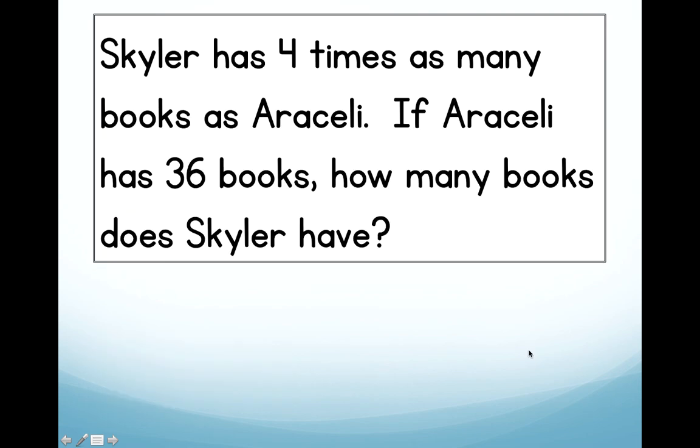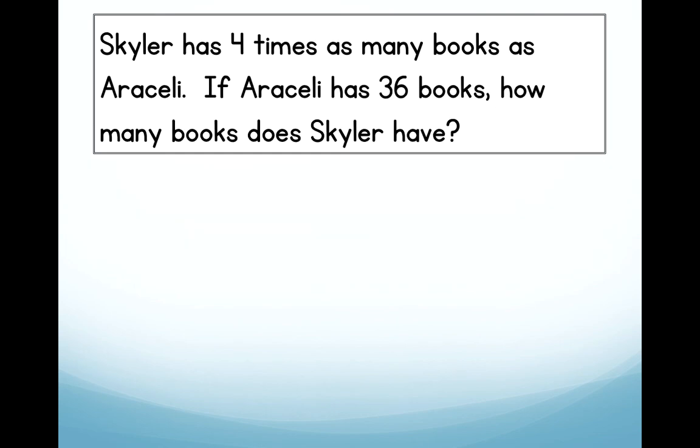All right. So now let's try solving the original problem. Skylar has 4 times as many books as Araceli. If Araceli has 36 books, how many books does Skylar have? You can use the strategy I used earlier, or you can come up with your own. So in this case, Araceli has 36 books.